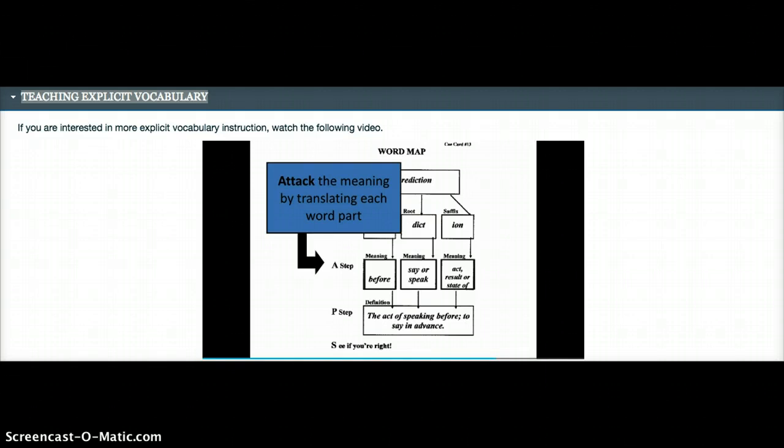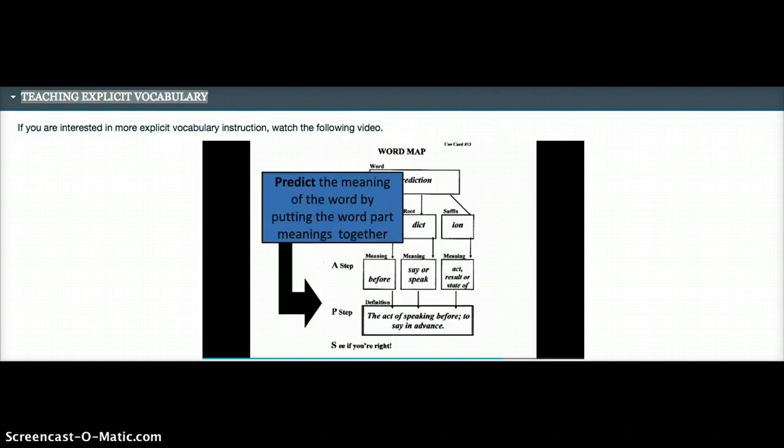So we have what the prefix, root, and suffix mean. So the meaning of the prefix is before, then the meaning of the root dict is to say or to speak, and then the suffix is to act or result in the state of. And then we combine those by predicting the meaning of the word by putting the parts together.